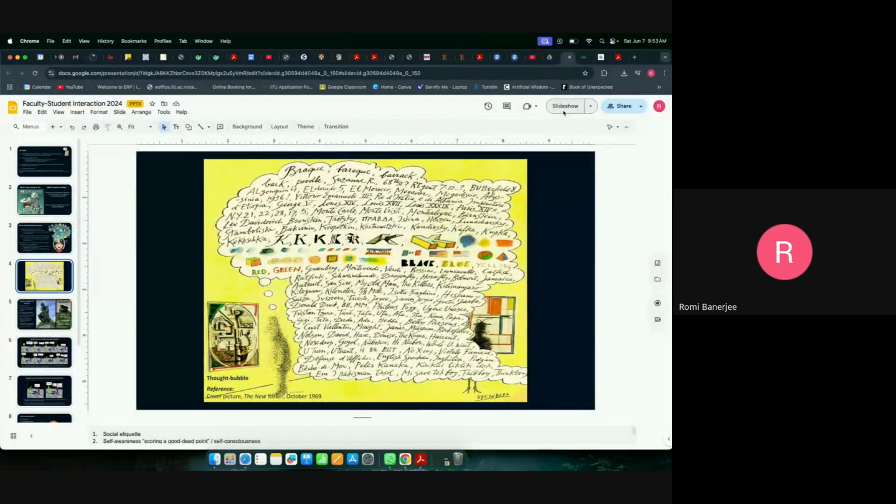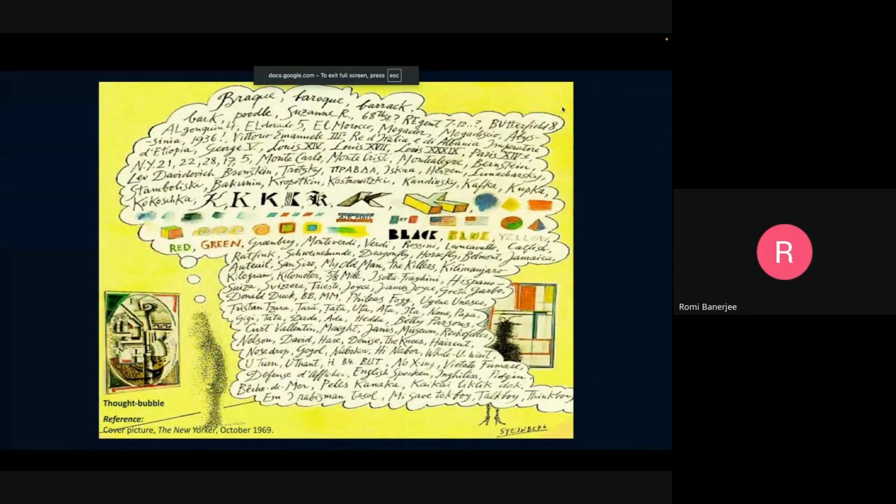Do you see this page that calls it a thought bubble? Do you see a picture? So this is a beautiful example of what an activated semantic network looks like.